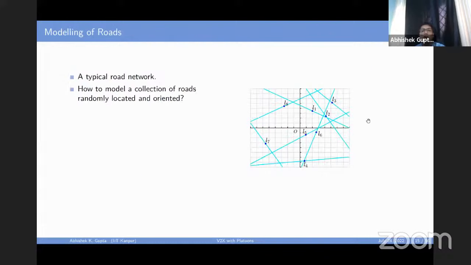Now let's talk about how we can model different roads. In a typical road network, such as freeway scenarios, roads can be randomly oriented and may intersect each other. How can we model this using stochastic geometry?